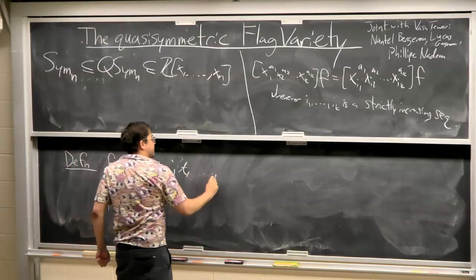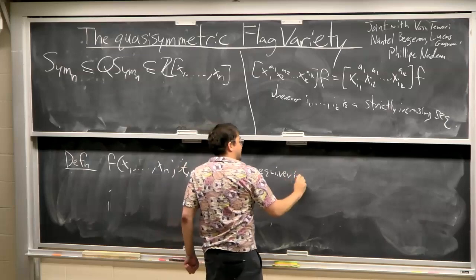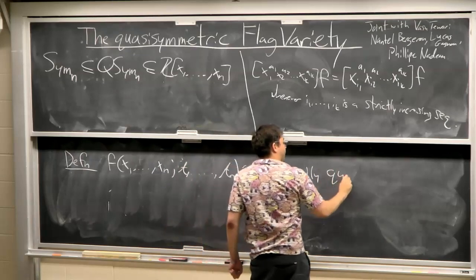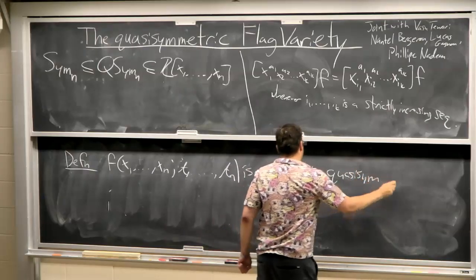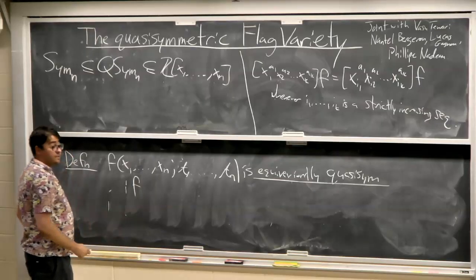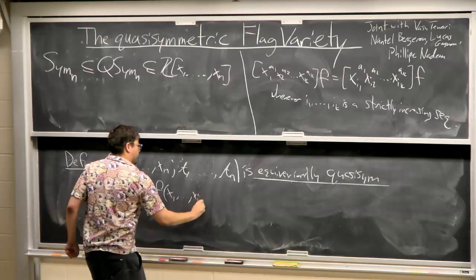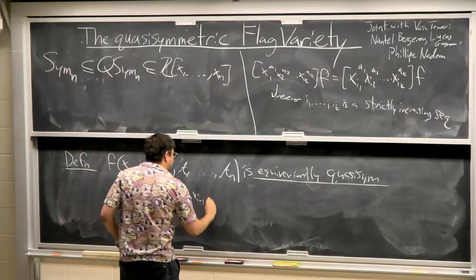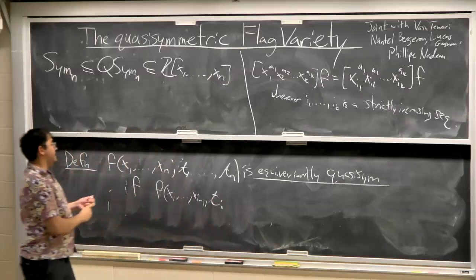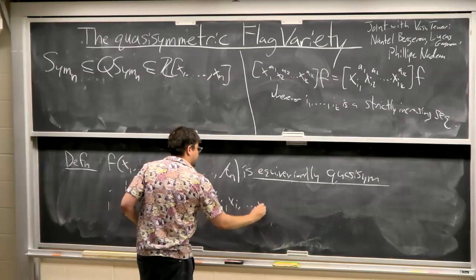I'm going to say a polynomial in two sets of variables is equivariantly quasi-symmetric if it has the following property. When I stick T_i into the ith spot, and then I guess reindex.